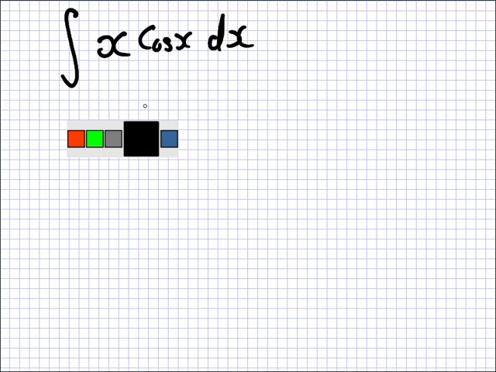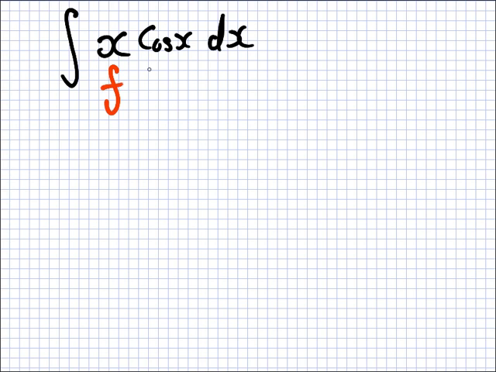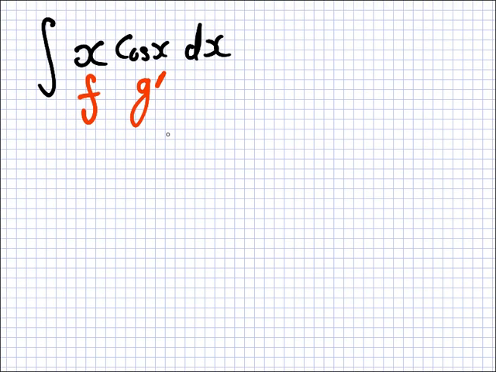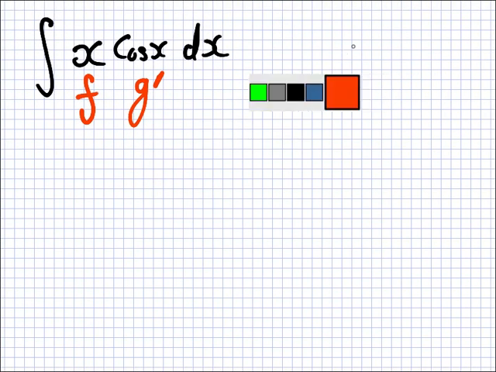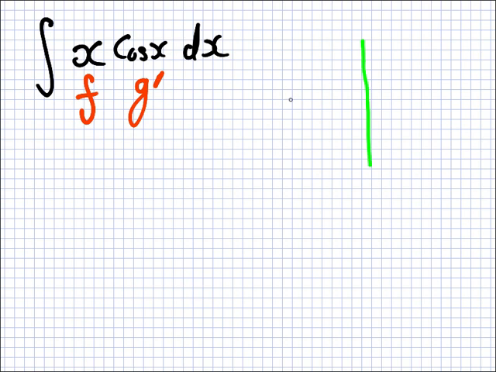So you start off by calling this piece here, the x, we call that f. And this piece here, the cos x, we call that g derivative. Then what you do, well, this is what I like to do, because I find that this works best with students. Make a little table, and on the top you write f and then its derivative, and then here g and its derivative.